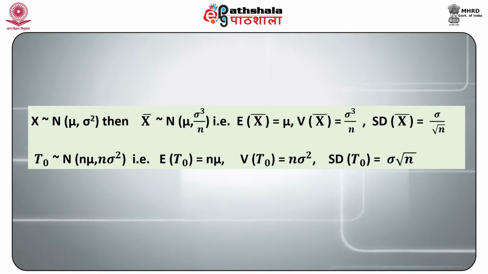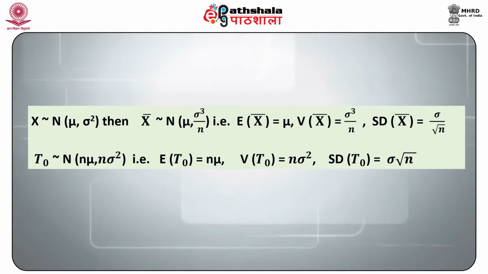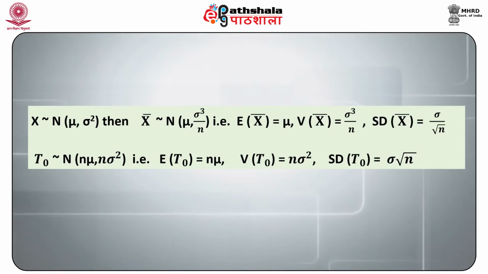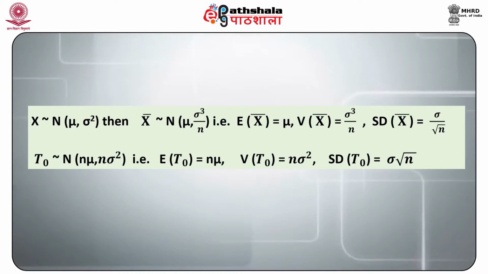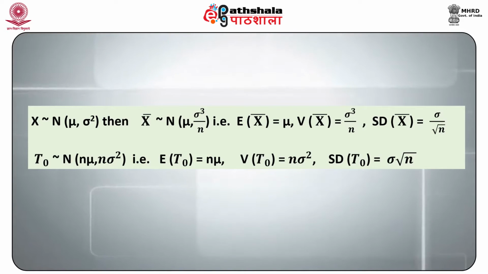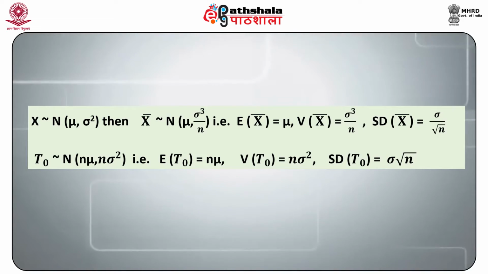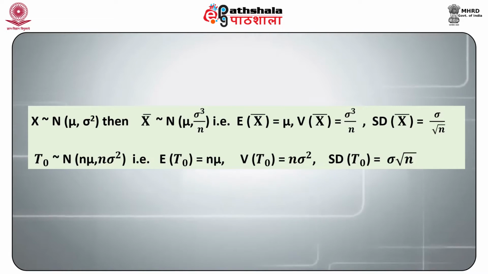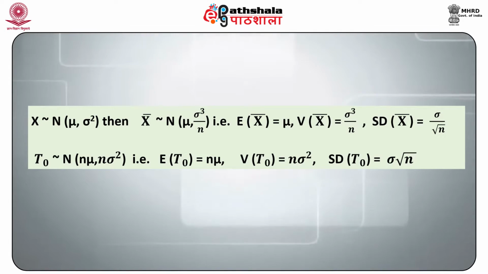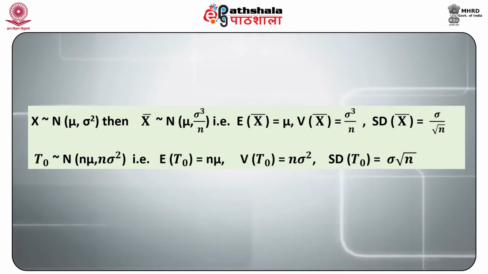In terms of notations, it can be rewritten as: X tends to N(mu, sigma square), then X bar tends to N(mu, sigma square upon n), that is E of X bar is equal to mu, V of X bar is equal to sigma square upon n, standard deviation of X bar is equal to sigma upon square root of n.